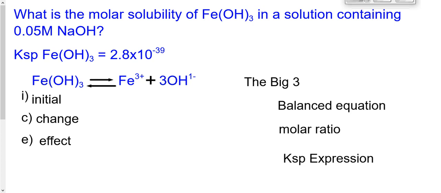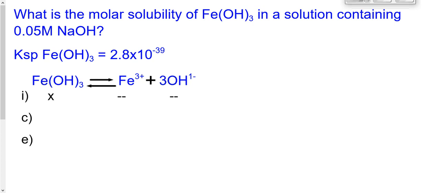So let's take a look at what values we could put in place of initial, change, and effect. Well, initially, when I put iron hydroxide into a solution of water, some amount X will go into the water, and none of it will have yet had a chance to break down to form iron and hydroxide ions. Of course, over time, some amount X of the iron hydroxide will break down and be dissolved.